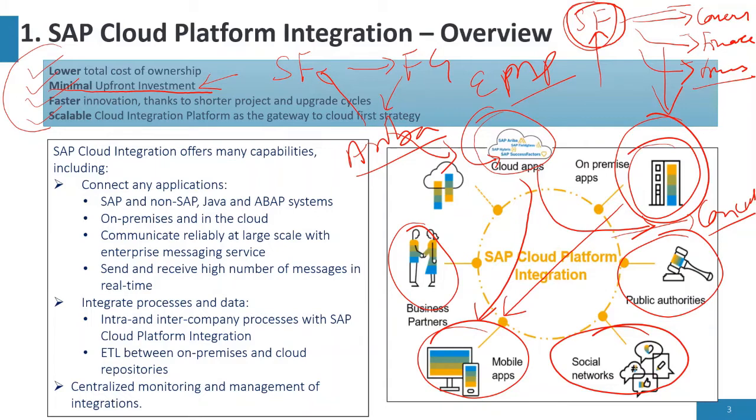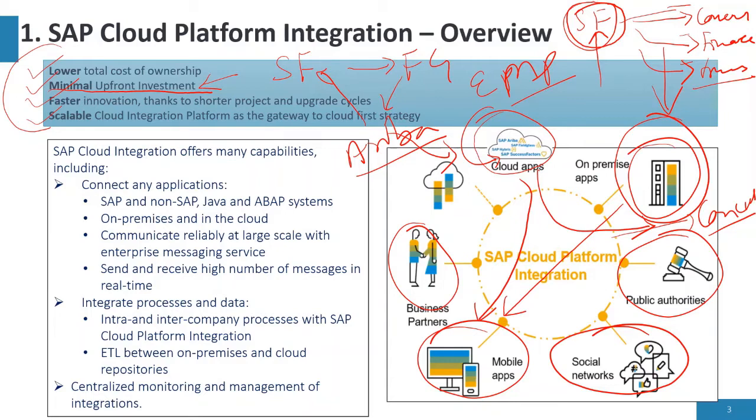Again, you don't have to spend too much when you start with your business or you plan for setting up SAP systems in your landscape, or you would like to use SAP system. And also you would be able to build your interfaces faster with pre-built contents or standard contents.